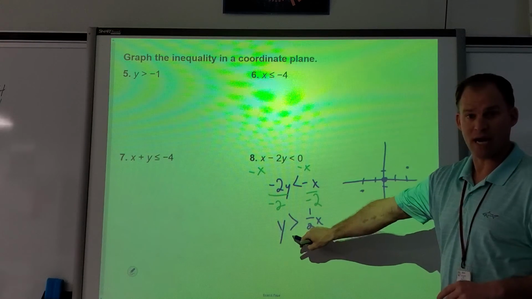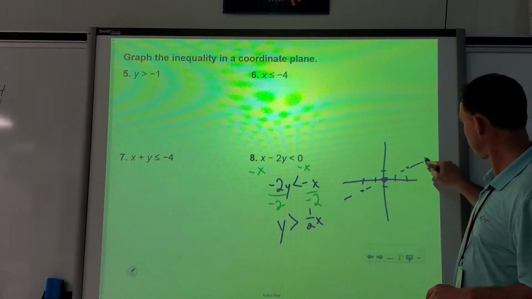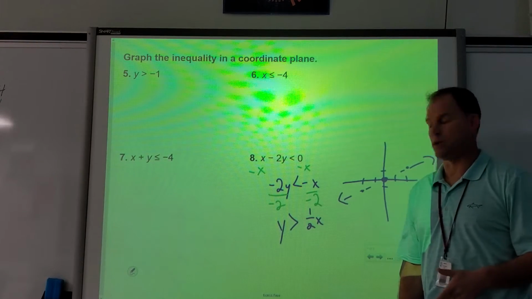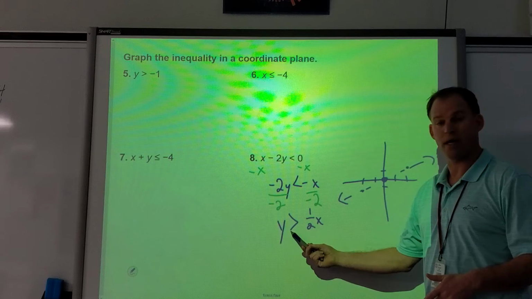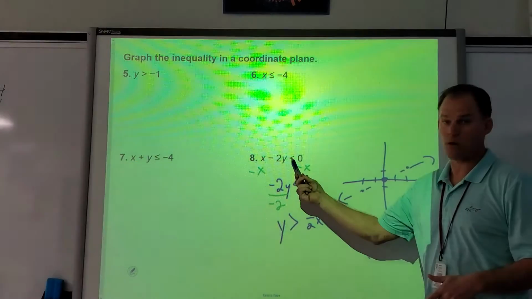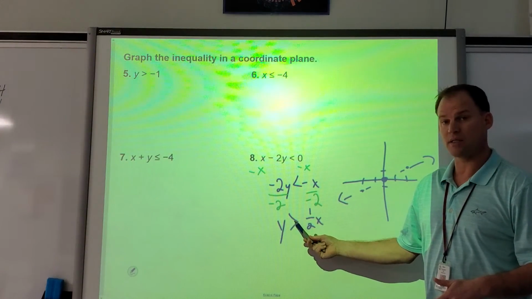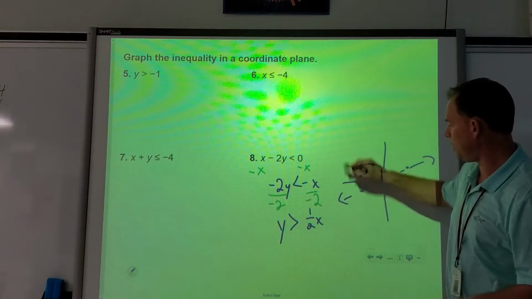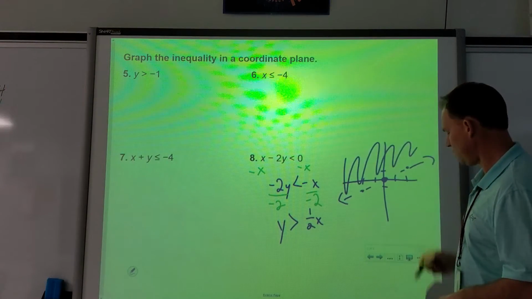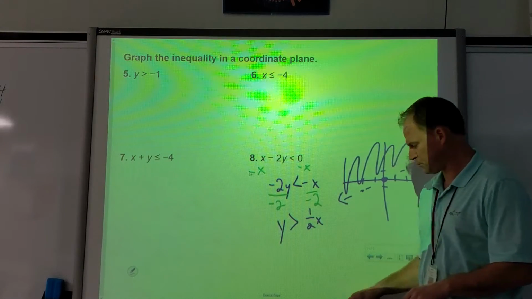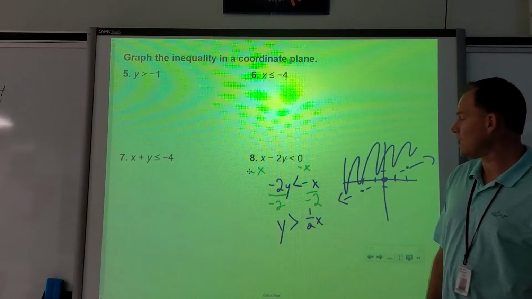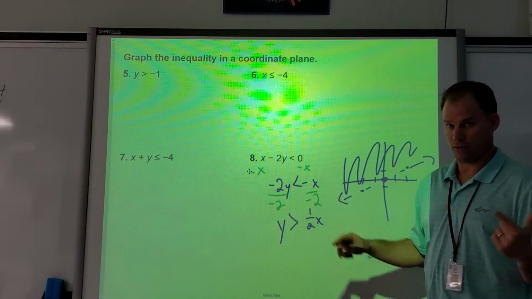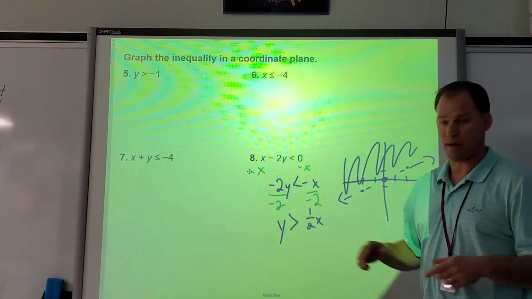Is it solid or dotted? Am I shading above the line or below the line? Well, I have a greater than sign now. Doesn't matter what it started as. I have a greater than sign now because I divided by a negative, I flipped it. So I'm shading above the line. I like using y-intercept form for this because of that part right there.